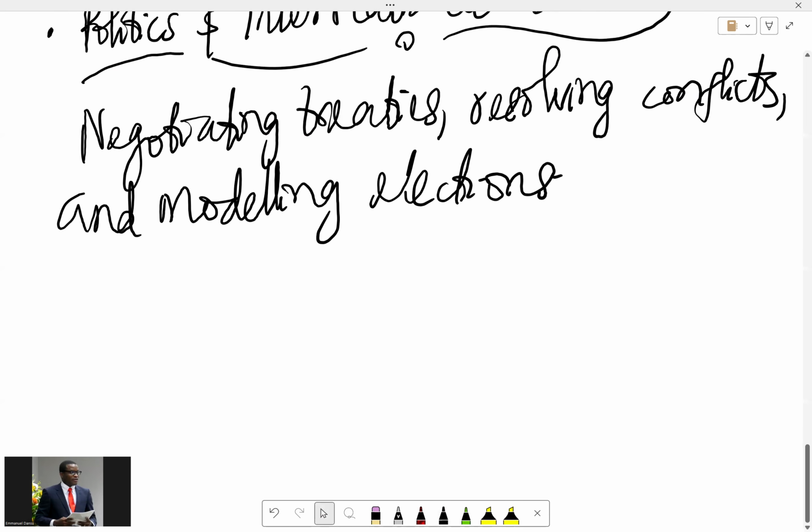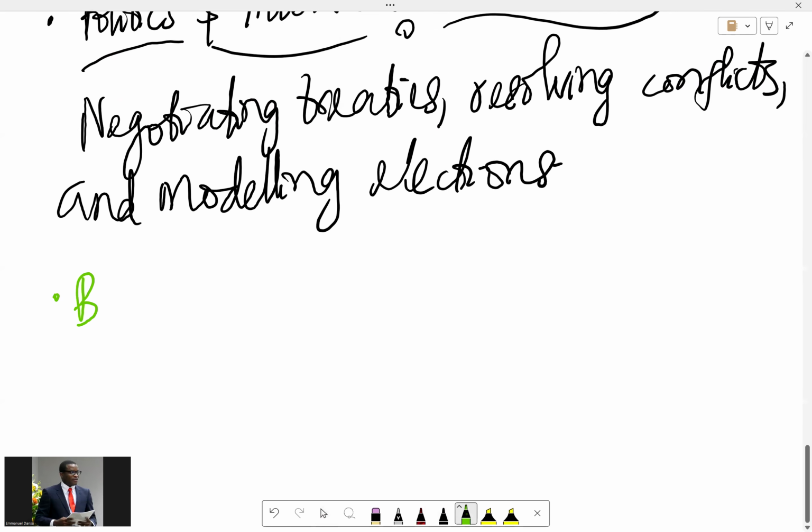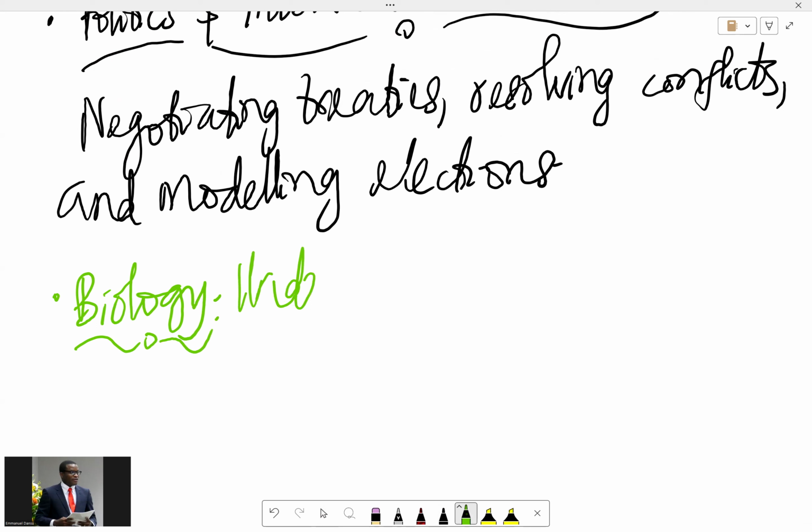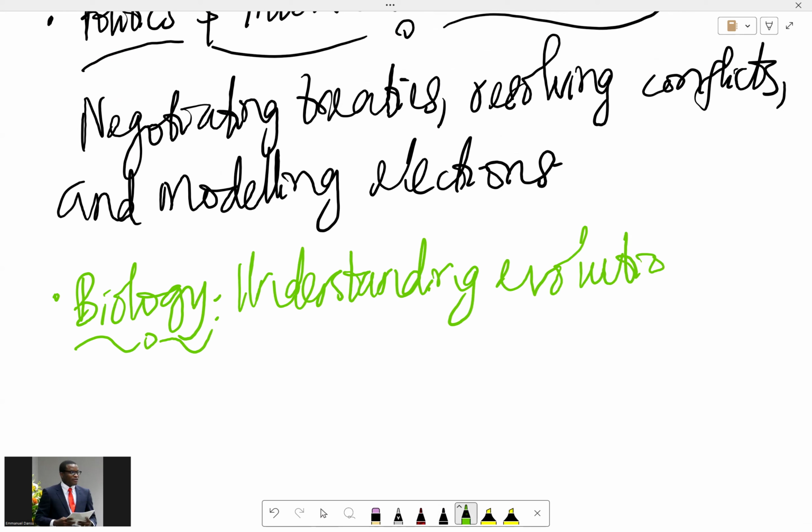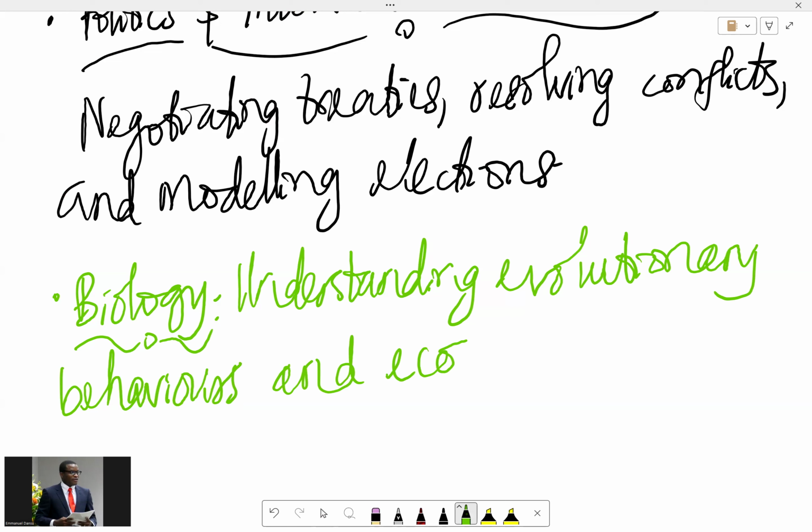And then we can see its use in biology. How does that work? Well, we can use it in understanding evolutionary behaviors and ecosystem dynamics.